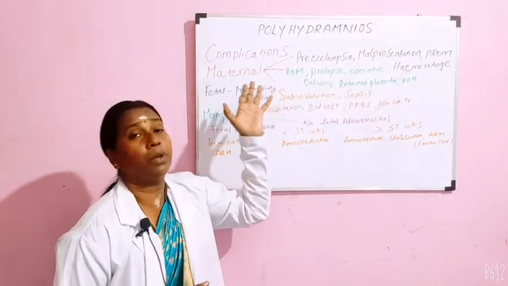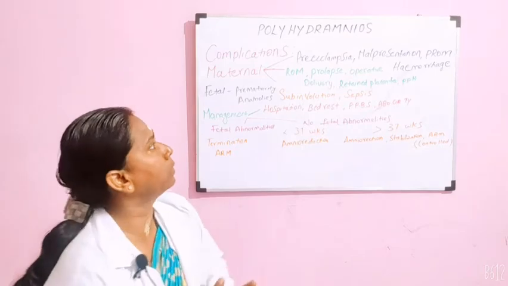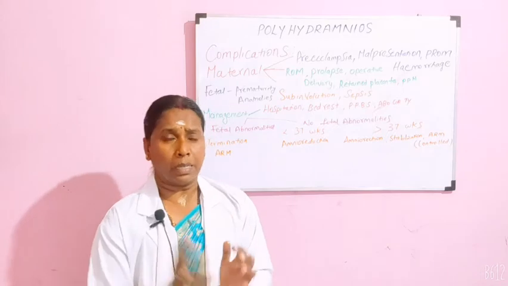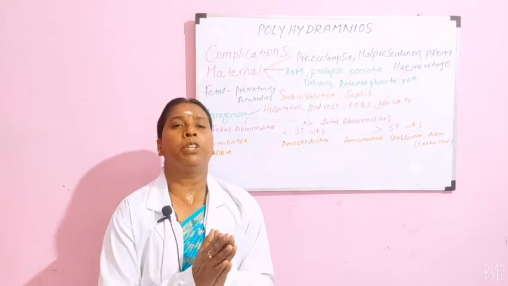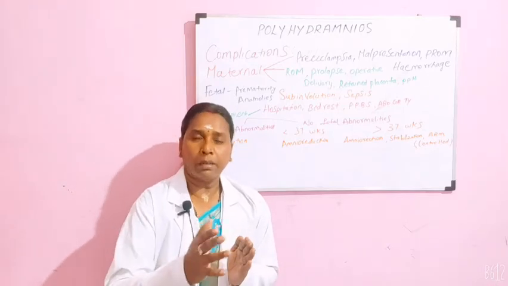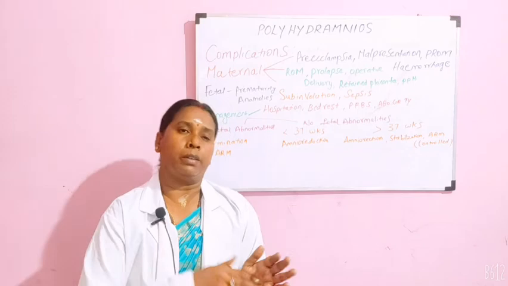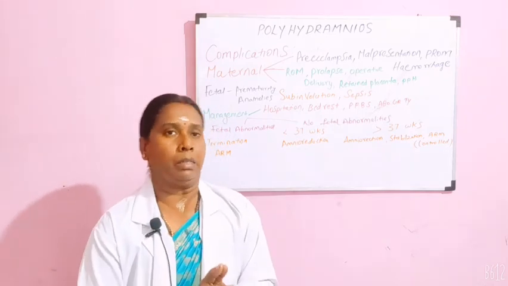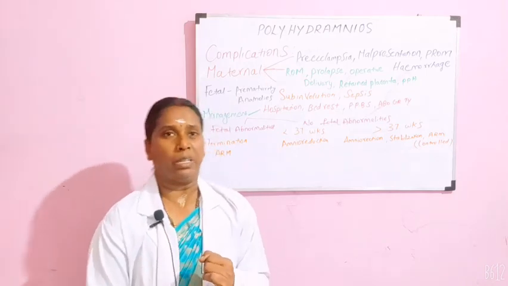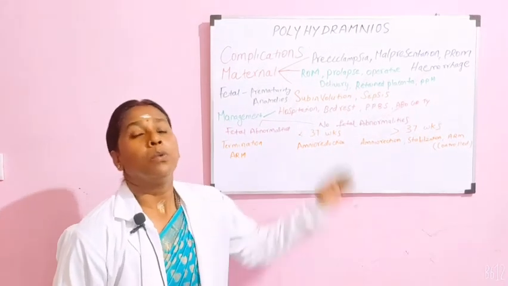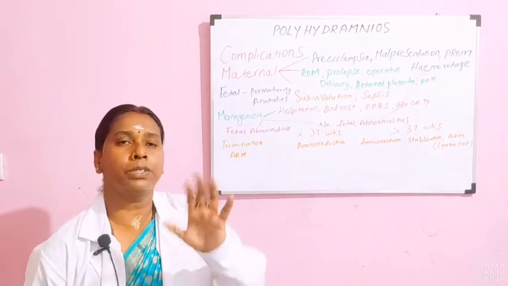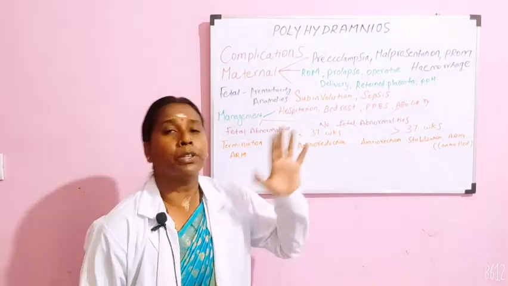Coming to intranatal complications, you have to look at the delivery of the baby. When we come to the delivery of the fetus, there may be a premature delivery. Premature delivery happens when the labor process is initiated very early, because the cavity is already full and overloaded. In the area of intranatal complications, the first is premature rupture of membrane.